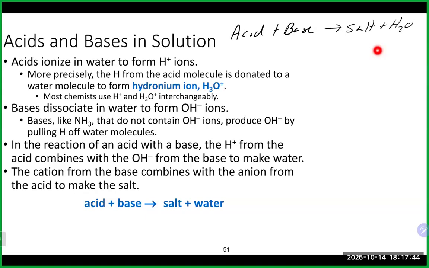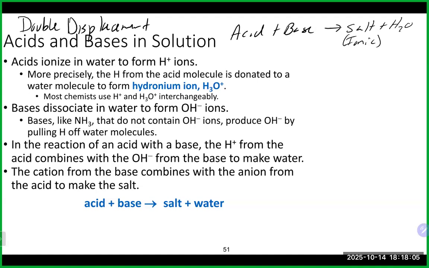Basically, a salt is an ionic compound. And again, these fall under the big category of double displacement reactions. So we're just going to do our double exchange, and we will form water here.